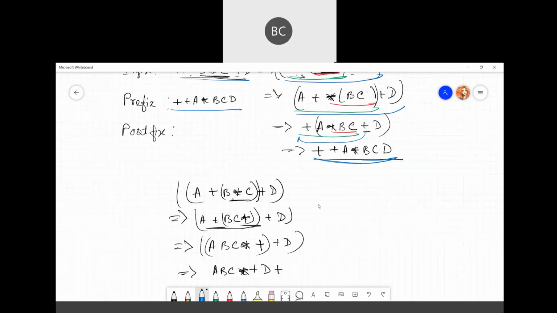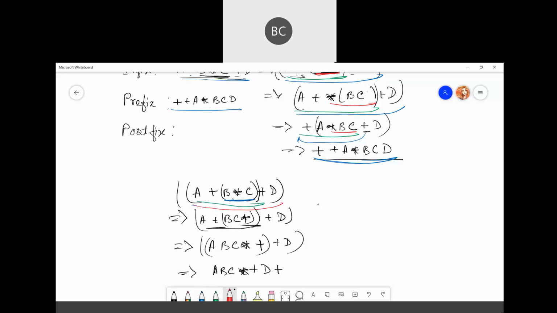Now what happens in case of postfix? It's the opposite one. You put all the signs after the operands. So here, same thing: we will evaluate this expression first, then this part, then this part.